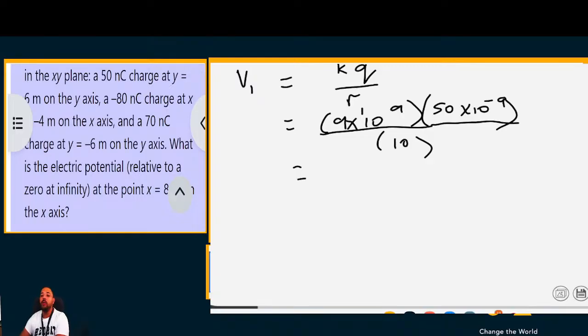You don't need to write it down as you're working, but the end answer or the resultant should always have its units. Okay, so it's 9 times 50, that's 450, divided by 10, that's 45.